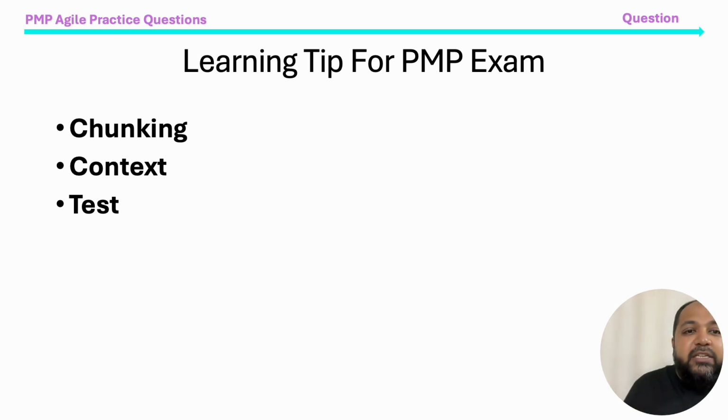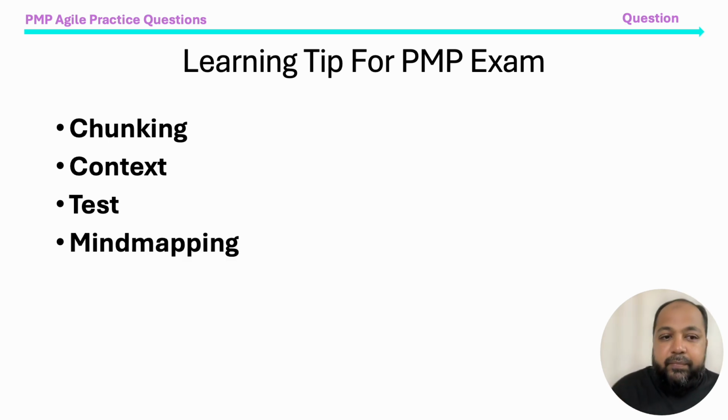When you learn and test more, the retention increases. That's the learning tip. The more you test your brain, the more the retention is. Mind mapping. Every video is going to have all this chunking, context, testing, mind mapping. All these are going to help you learn faster and better for your PMP certification examination. So these are the learning tips for the PMP examination.